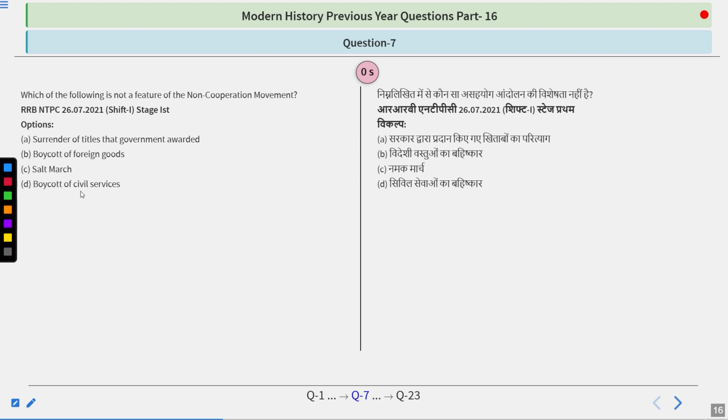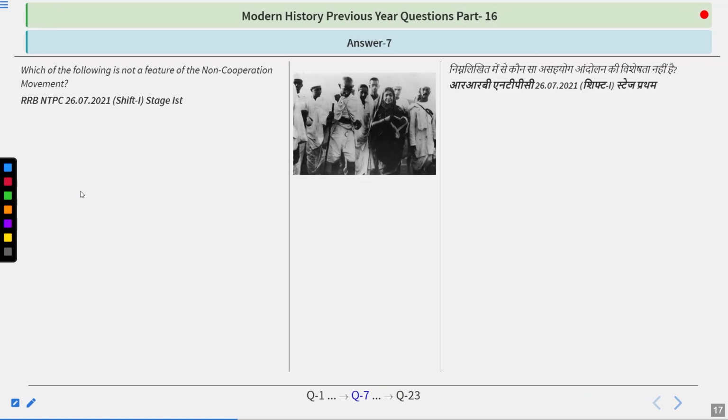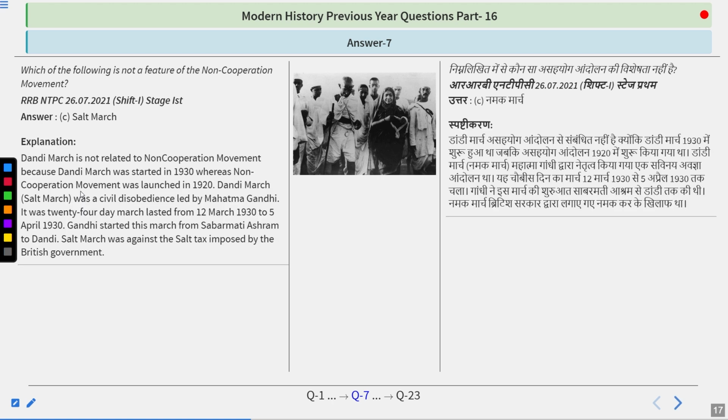But Gandhiji took that boycott one step further, as he introduced the idea that we should boycott everything, services and all that. But remember that salt march was not a part of non-cooperation movement.